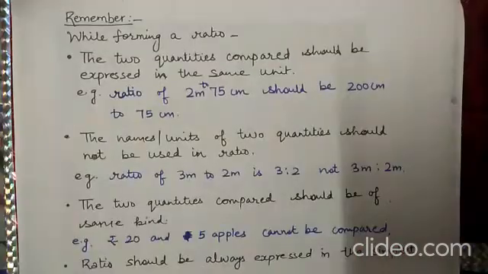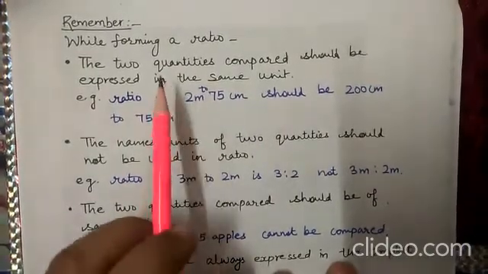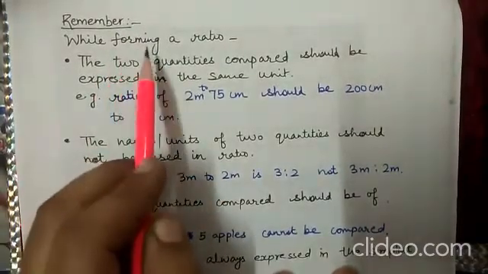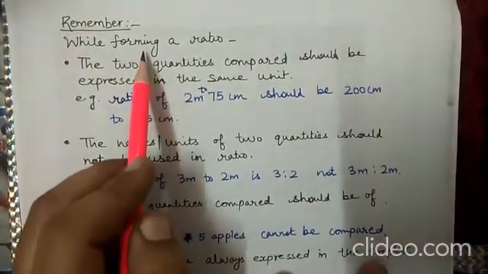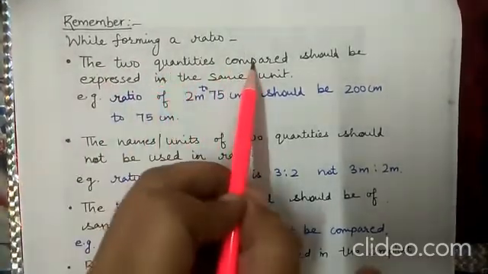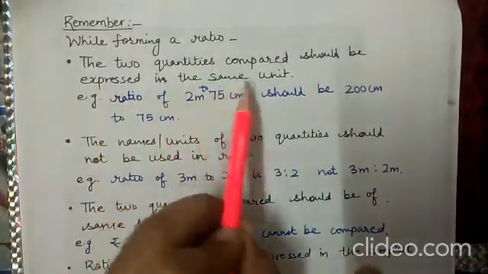Clear? While solving questions or problem sums related to ratio, we have to keep some points in mind. First, the two quantities compared should be expressed in the same unit.